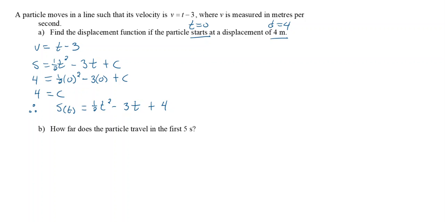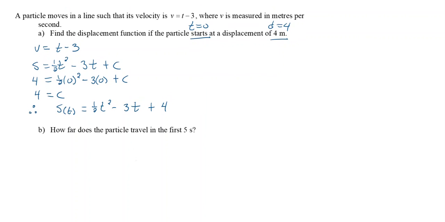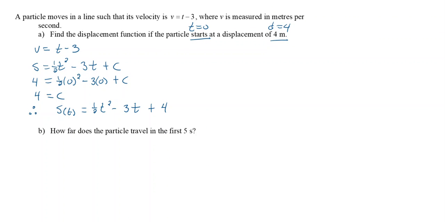All right. How far does the particle travel in the first 5 seconds? Be careful on this. It would be quite tempting just to plug in 5 in place of t. But if you've taken physics 20 or 30, you might see what the problem is. It's because it's asking how far the particle travels, where this function gives us our displacement. You can imagine we've got some particle traveling this way, and then it comes to a stop somewhere, turns around, and comes back.